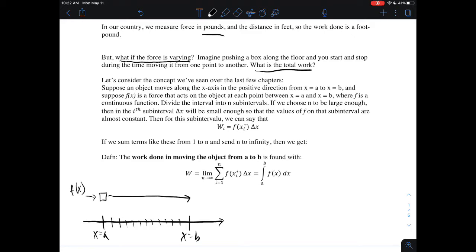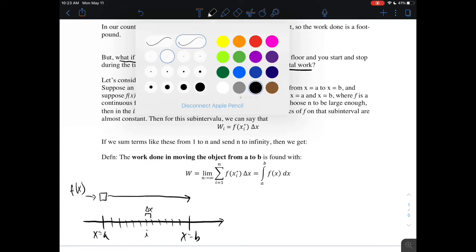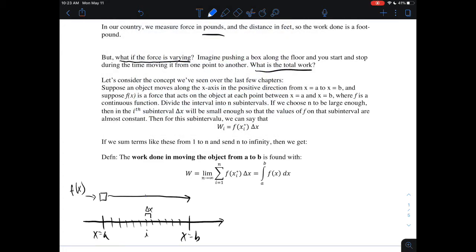And if we choose n to be large enough, then the ith subinterval, delta x, will be small enough. So if we consider a distance between 2 points as being delta x, that will be small enough so that the values of the function on just that subinterval will be essentially constant.